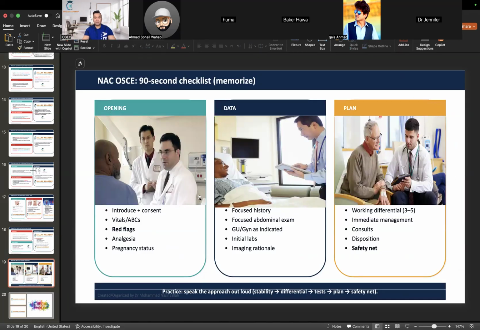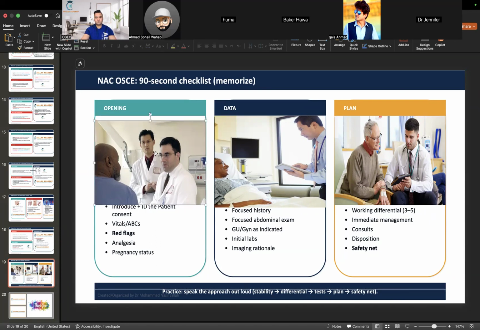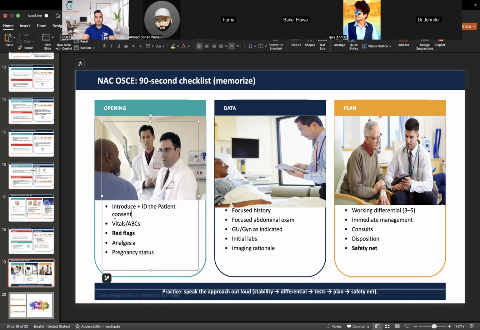So just to sum up, for the opening: introduce yourself, ID the patient, and get consent, plus your role.